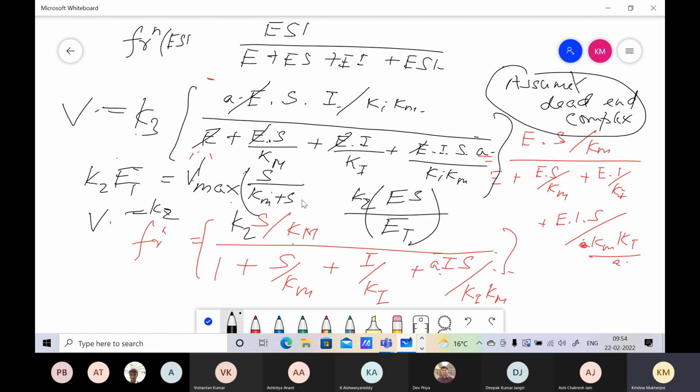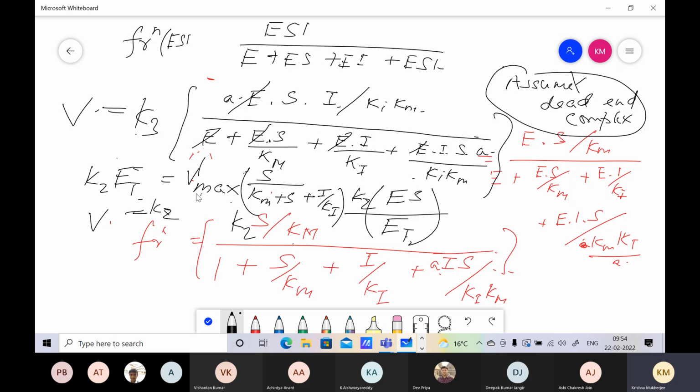In the case of inhibition kinetics, Km 1 Km plus S plus I by Ki. Can you see the simplicity of the formulation? Yes, sir. So Vmax is K2 into ET. Fractional saturation is whichever thing is participating in the reaction divided by ET.